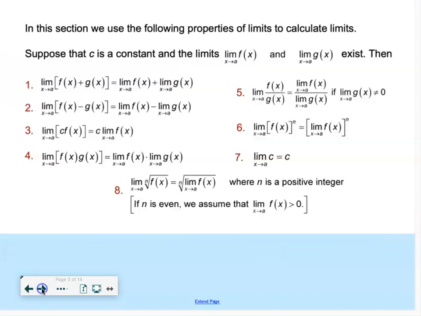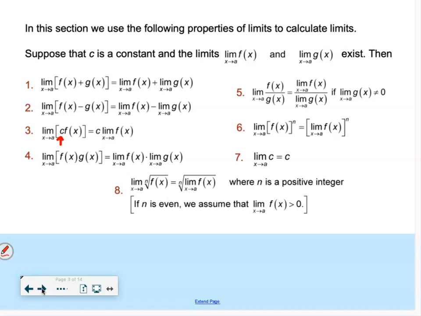All right. Next property, this third one here, this C right here, that's a constant multiplier. I call it a scalar. We do a lot of vectors when you get into Calc 3, and so I like to use those terms throughout this year to help get you ready to go into Calc 3. So whenever we have a constant multiplier times our function, call it a scalar.